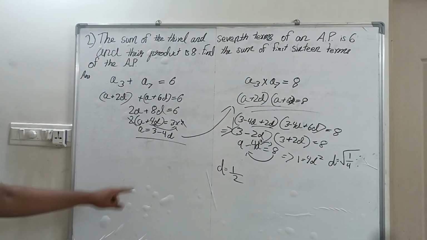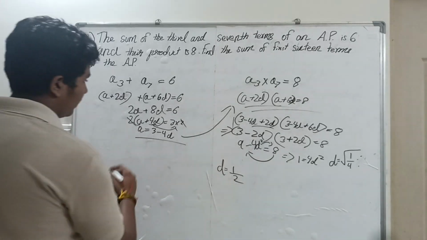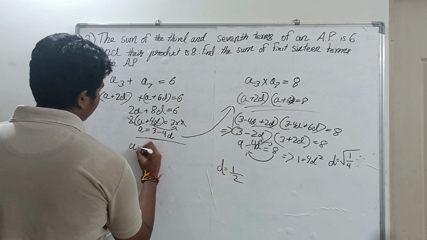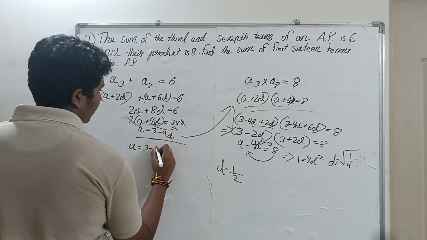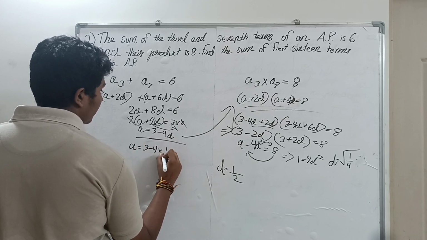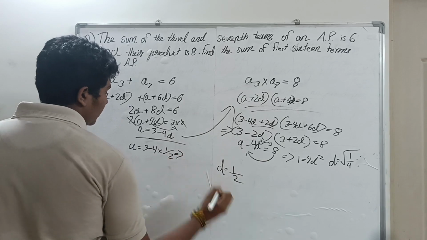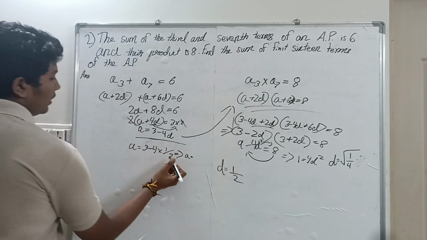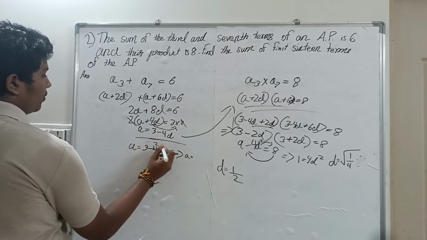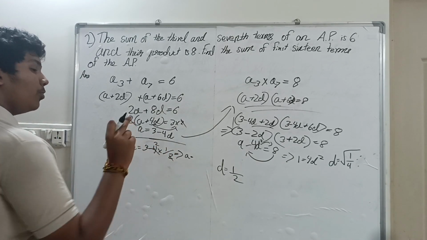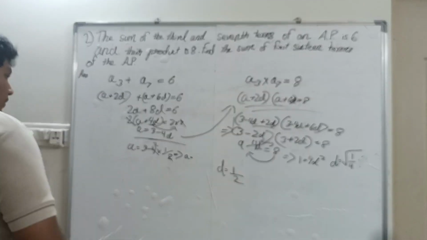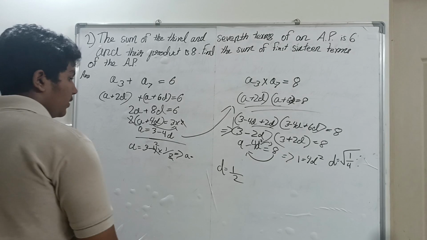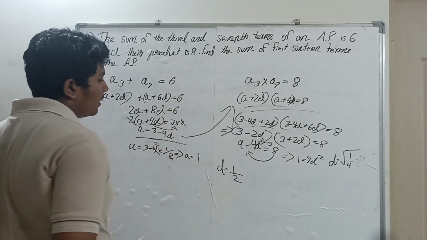So if you try to do with this formula, that is what we gave in this equation, you will get A is equal to 3 minus 4 into 1 by 2, which is A is equal to, here cut, you will get 2. So 3 minus 2 is 1, no? So it is 1.